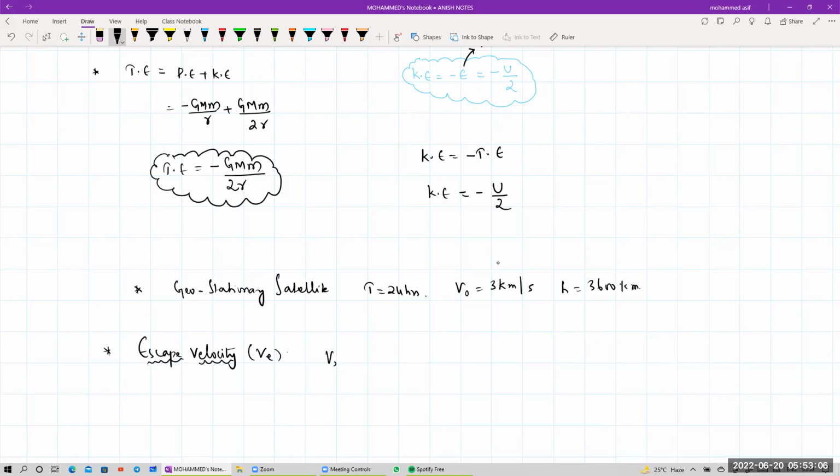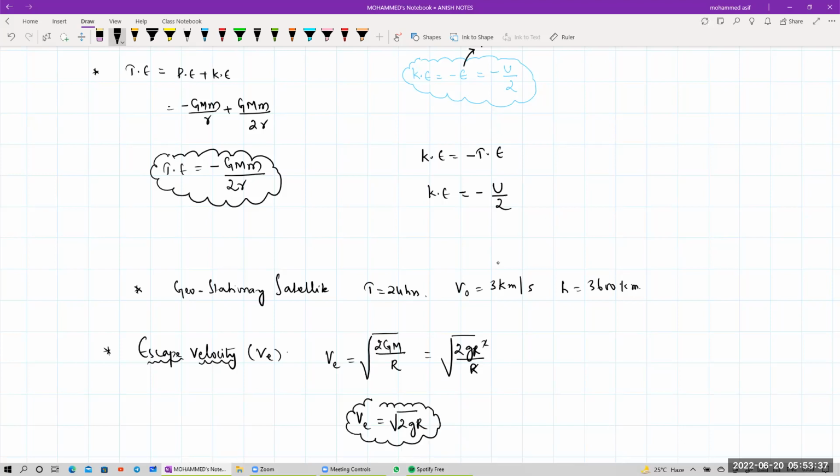It is given by the formula VE is equal to under root of 2 times capital G, capital M divided by R. Capital G, capital M is equal to g into R square, so it is under root of 2 into g into R square divided by R, and one R cancels.